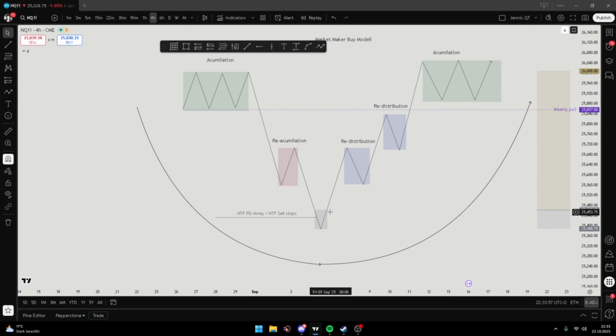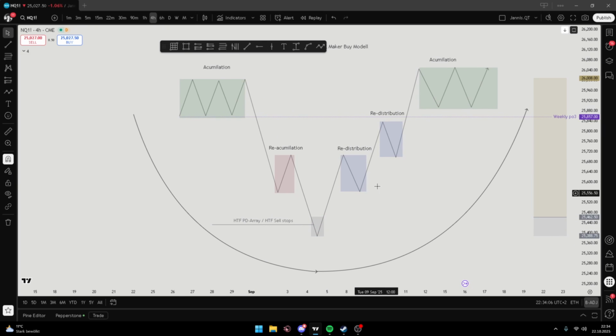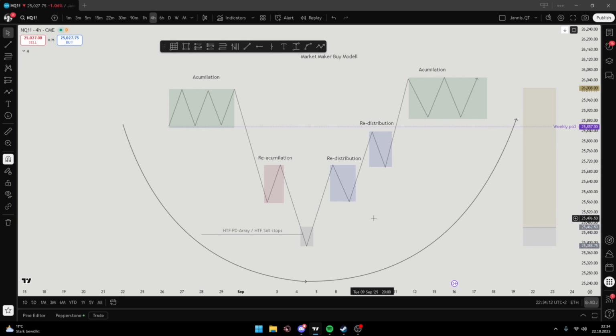So after our smart money reversal, which is mostly confirmed with an SSMT or SMT, or in general a cracking correlation with those other assets, so YM or ES, afterwards we have our two-stage redistribution. Sometimes it's only one redistribution.